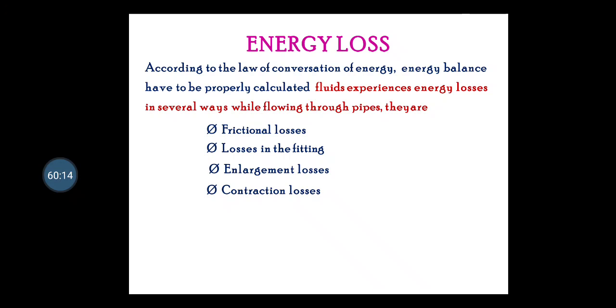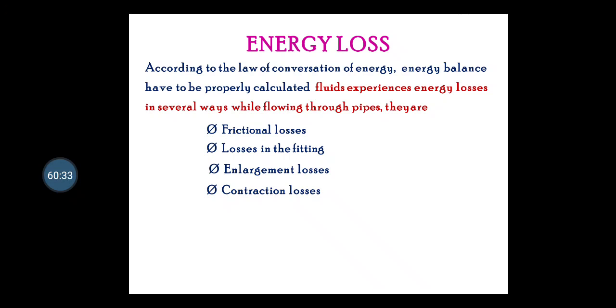Because the types of fittings vary so widely, it is difficult to specify the loss for each type. Instead, it is customary to express this loss as the equivalent length of straight pipe, given as a certain number of pipe diameters.